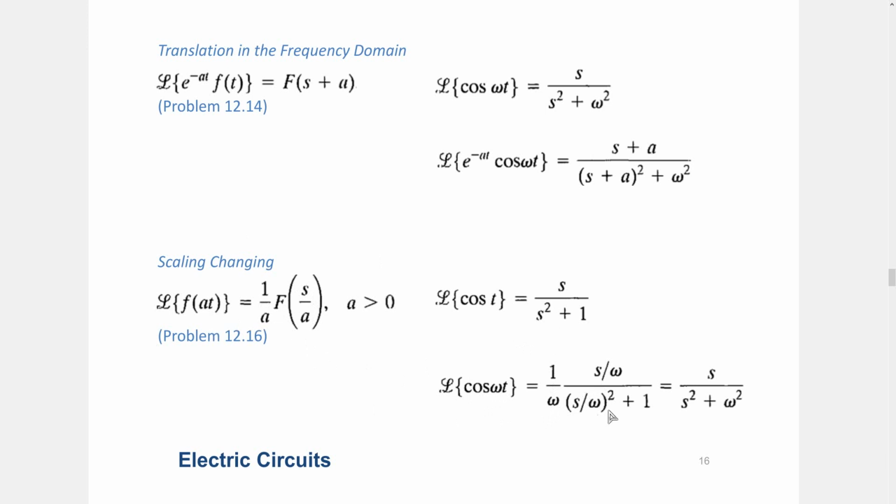If you do some symbolic manipulation, you end up with s over s squared plus omega squared, which is the original relationship. So if you know the basic relationships and properties, you can use them to compute the Laplace transforms of other functions, even without taking the integral at all.